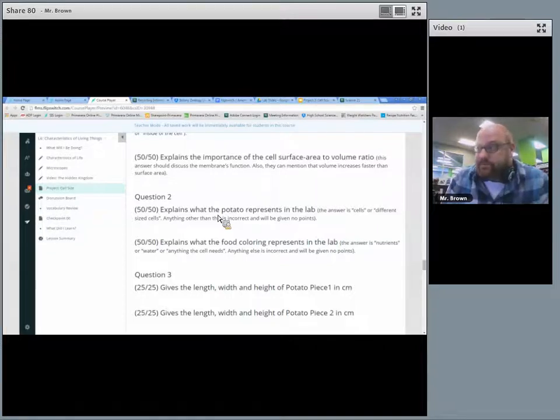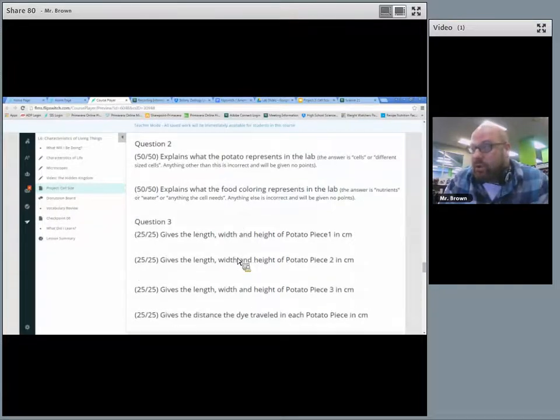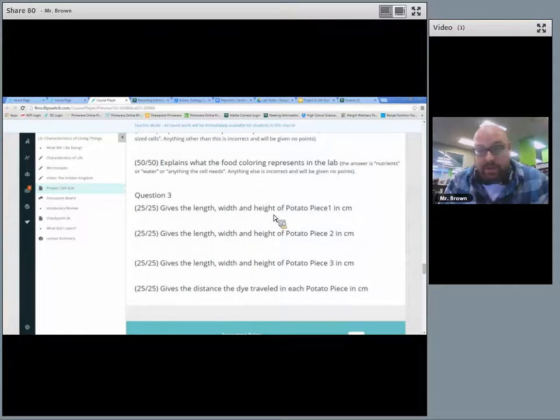And then for question 3, you give the length, width, and height of potato piece 1, potato piece 2, and potato piece 3, and the distance the dye traveled in each piece. All of that has to be in centimeters. And that's lesson 6.